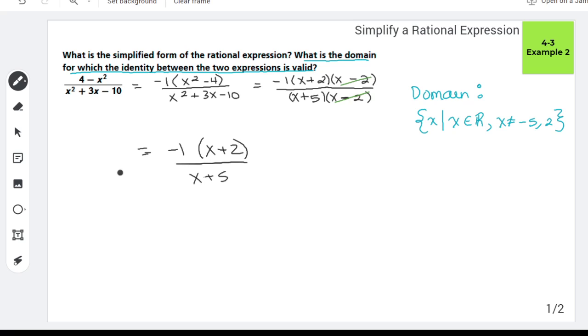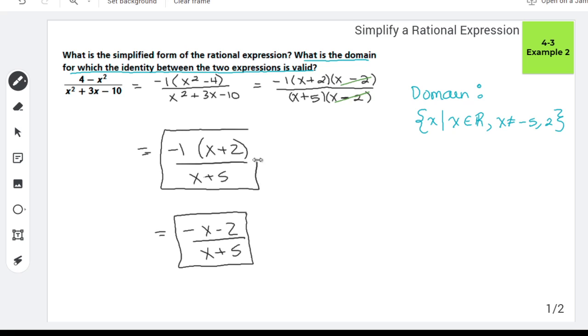And if your book is picky and requests you to distribute, you can distribute this out and get -x minus 2 over x plus 5. That's another valid answer. So both of these are completely acceptable. It just depends on whatever your standardized test or your textbook tells you to do.